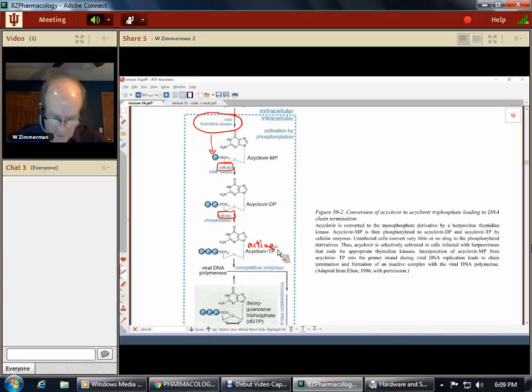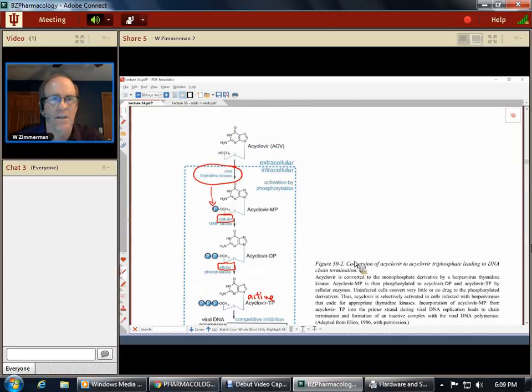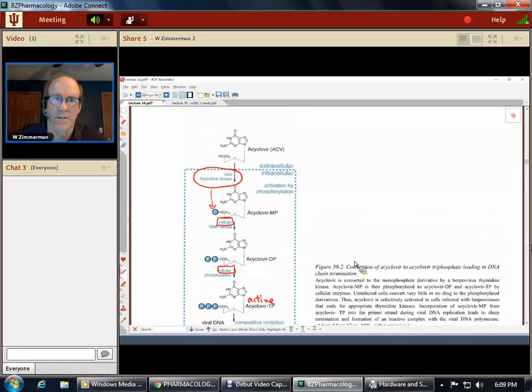By the way, in this handout, TK is thymidine kinase. It just keeps coming up so many times. But humans have a low affinity. This molecule, acyclovir, has a low affinity for human thymidine kinase.